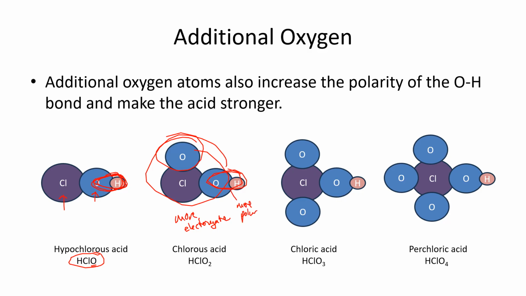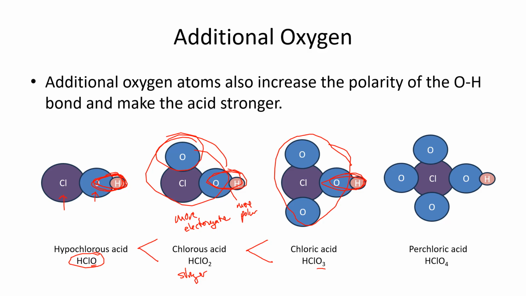So that means that this guy here is going to be stronger of an acid than the previous one, right? Chlorous acid will be stronger than hypochlorous acid. And the trend continues. As you add more oxygens, now we got this whole blob all attracting the electrons in this bond here between the O and the H, and that makes it a stronger acid than the chlorous acid, right?